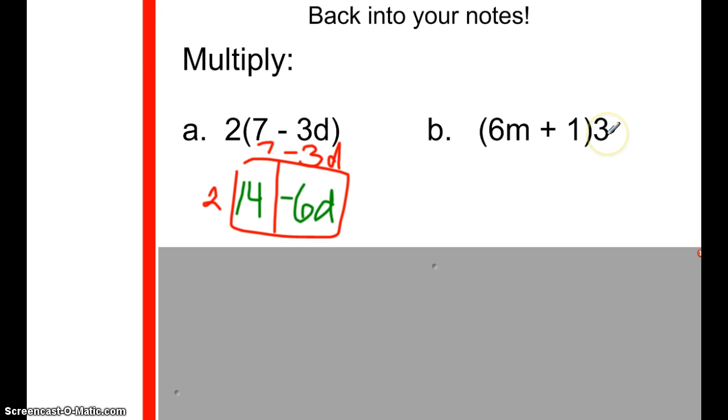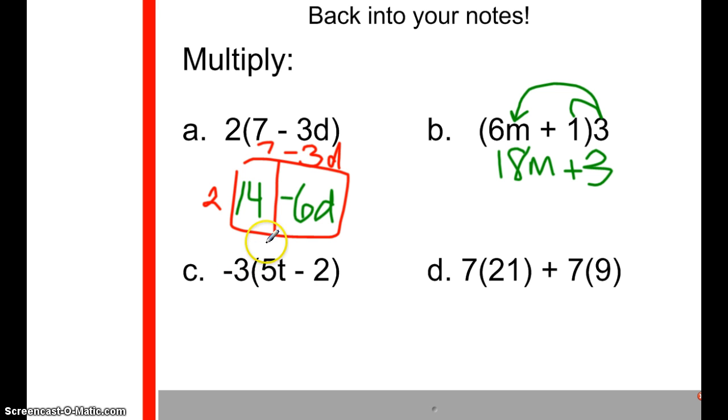How about this one? Oh no, the 3 is on the back. But does it matter in multiplication? No. Somebody said, I would rather write the 3 up here. Go ahead. But really, from the back, it's okay. 3 times 6m gives me 18m's. 3 times 1 gives me 3, plus sign in between.